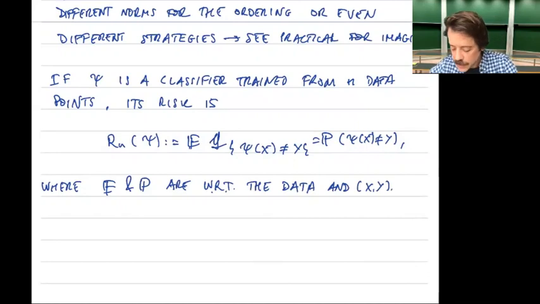So what I mean is that the integral that you would have here is n+1 dimensional.